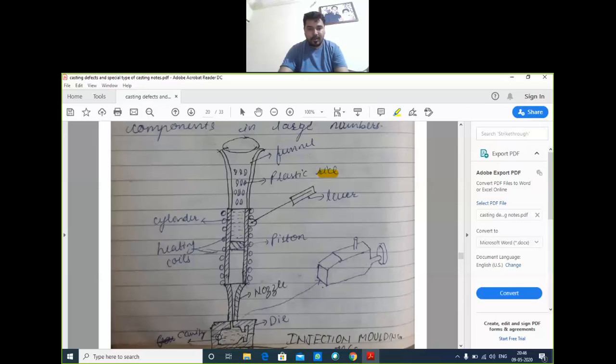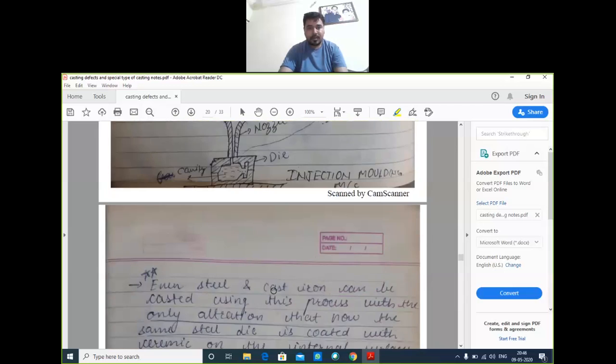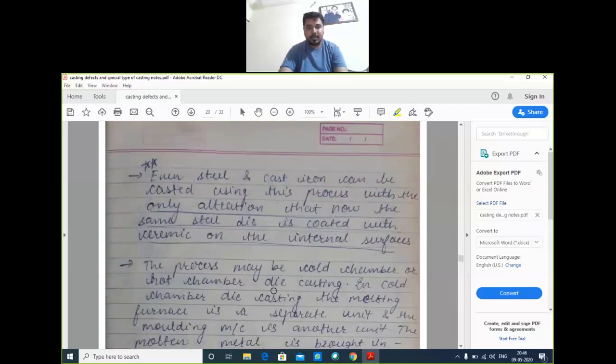After filling, we apply pressure to the die so that the product can be formed. Even steel and cast iron can be cast using this process. The only alteration is that the steel die is coated with ceramic on the internal surface.